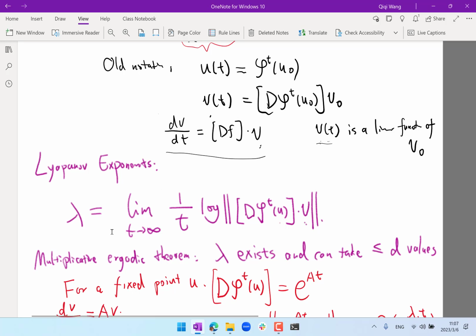So either way, as we take the limit of t goes to infinity, you get what's known as the Lyapunov exponent. A positive Lyapunov exponent means the perturbation with the initial perturbation of v would grow exponentially. A negative Lyapunov exponent means that if you seed the perturbation initially with v times an epsilon, right, then that perturbation would decay exponentially.